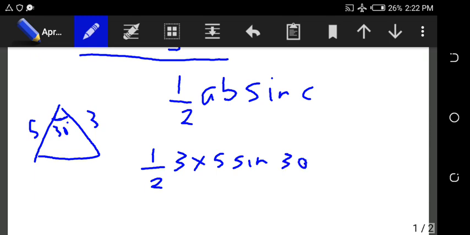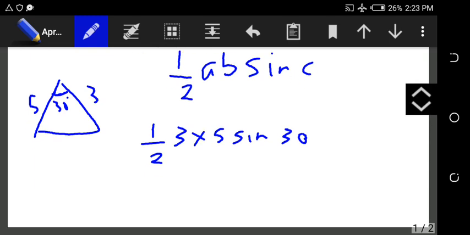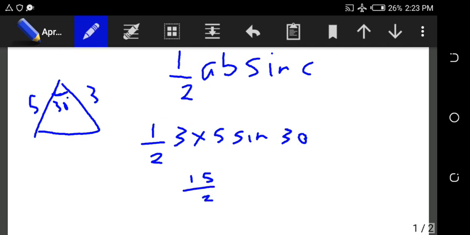Alright, so what do we have? Punching that all the way through, or you can simplify further. 3 times 5 is 15, so that will give us 15 over 2 sine 30. When you evaluate this using a calculator, 15 over 2 is 7.5, and sine 30 is 0.5.